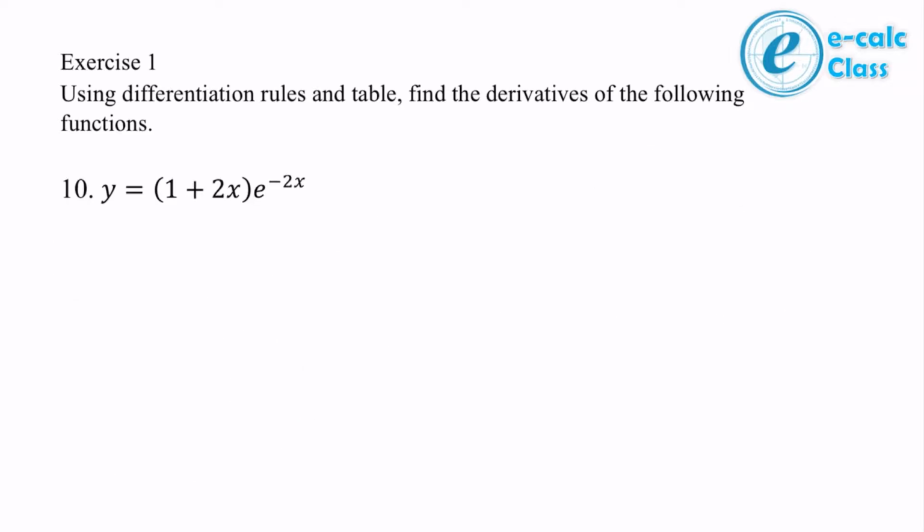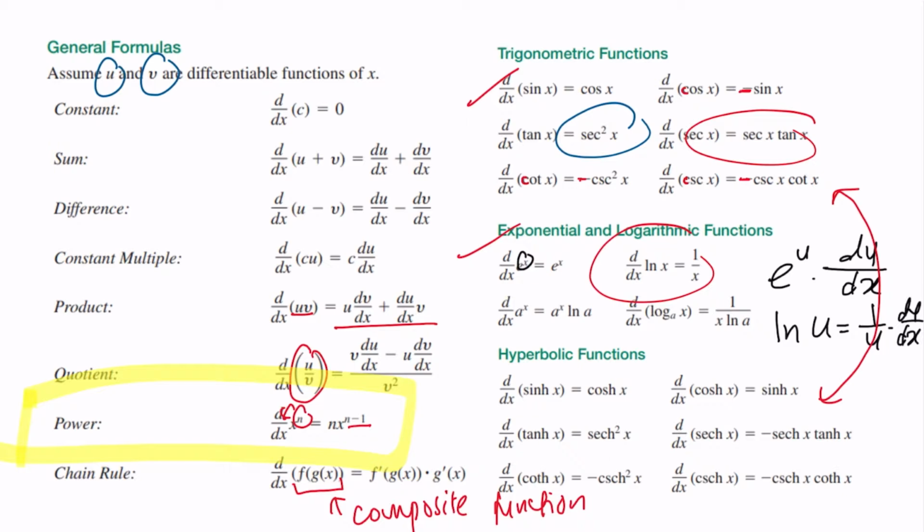Okay, number 10. It's a product rule and also exponential. Am I right? So we'll do product rule. dy/dx will be copy the first function, differentiate the second function. What is the derivative of e to the x?